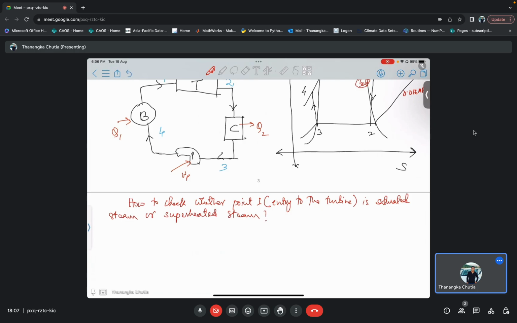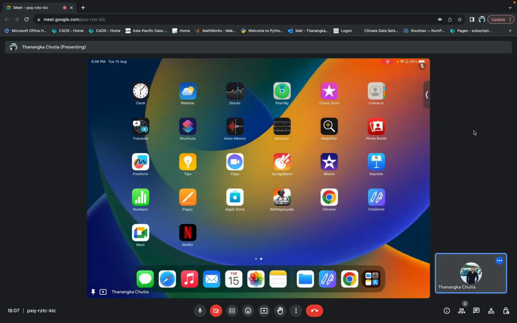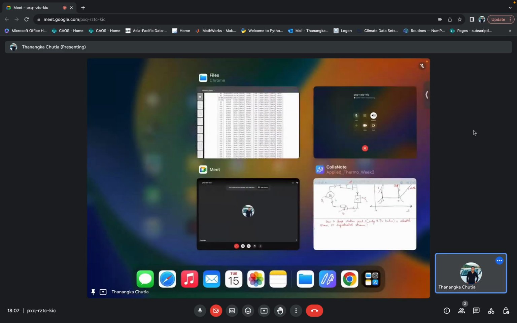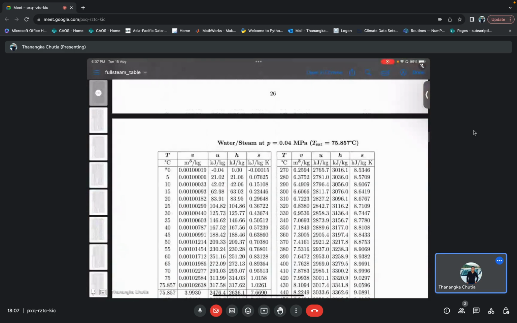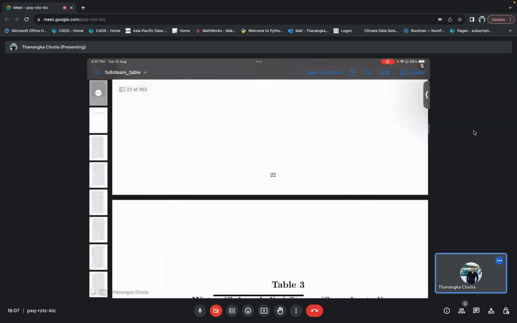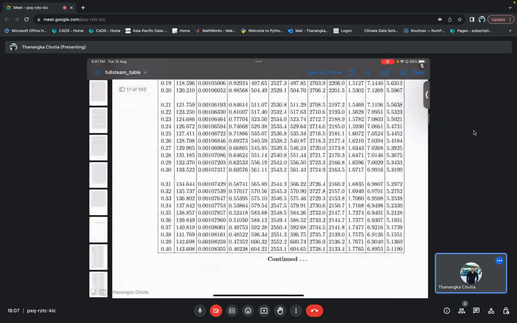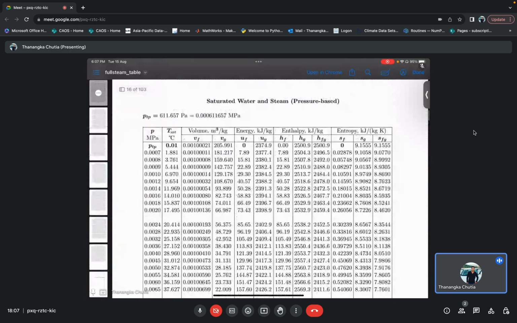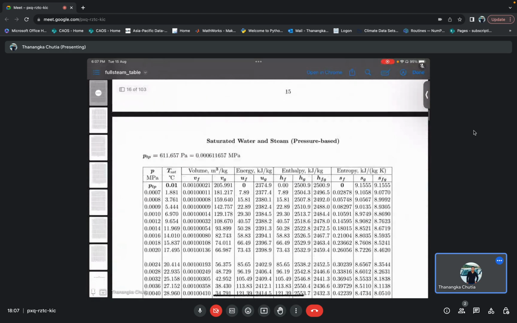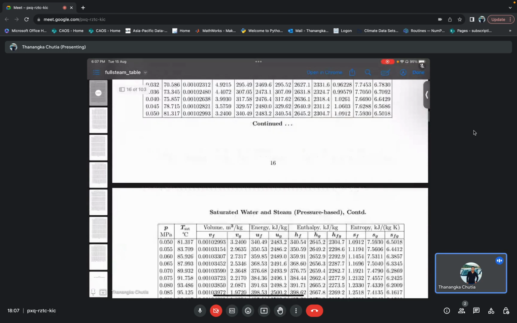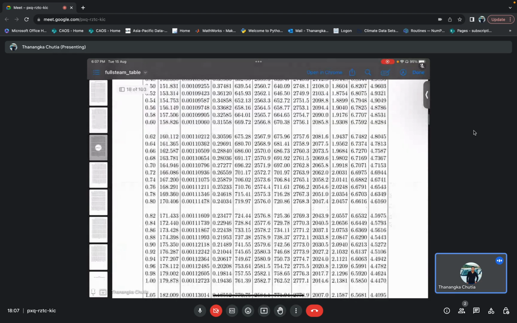Okay, so what we will go, yeah, so for the pressure based table we will go for 8 megapascal.